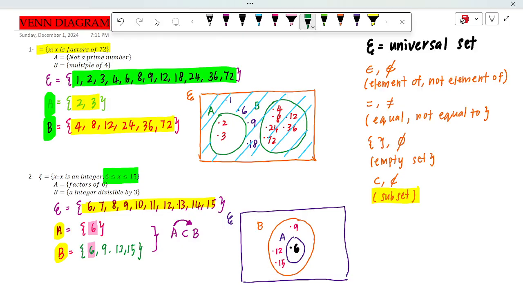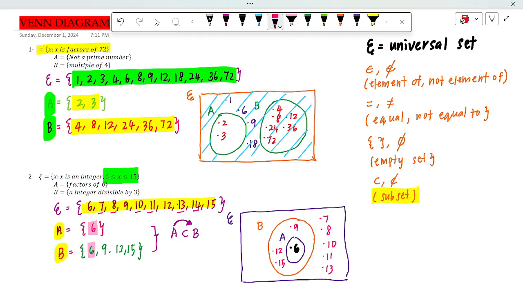Okay, that's not all. All the numbers that were not taken, which is 7, 8, 10, 11, 13, 14, will be listed outside B. That's all.